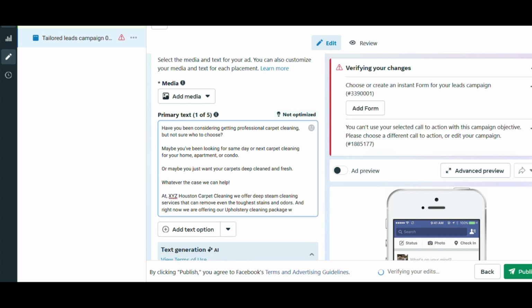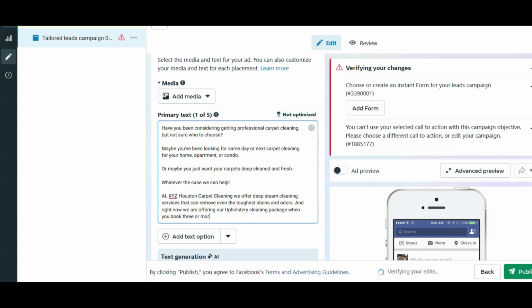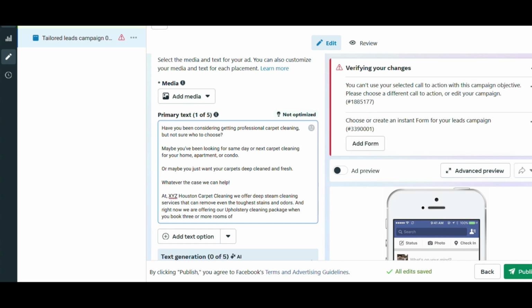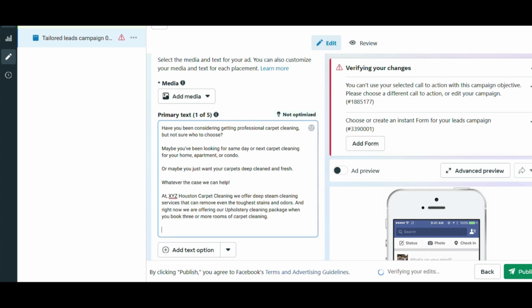But when you book 3 or more rooms of carpet cleaning. So what we're doing here, right? Again, so we're taking the person from, actually let me move this here.